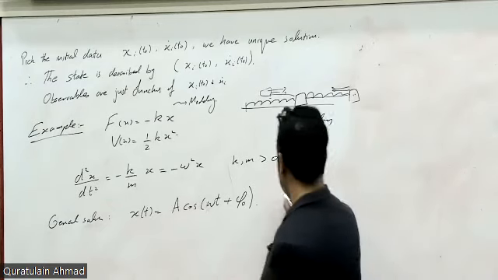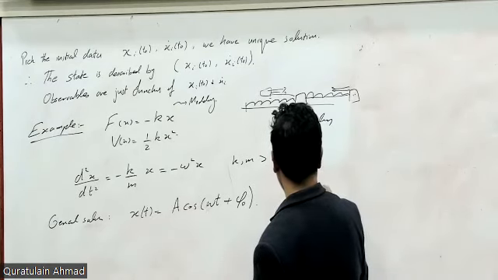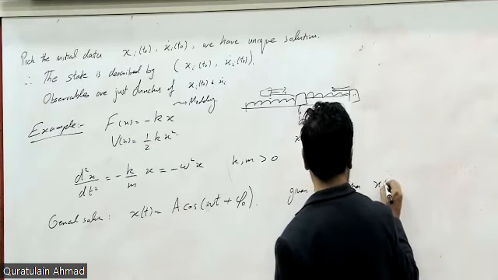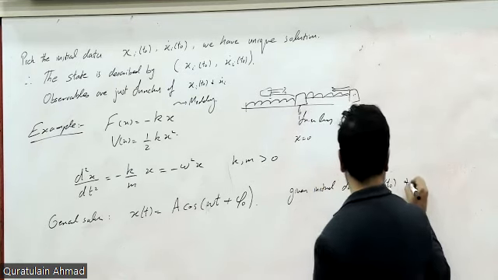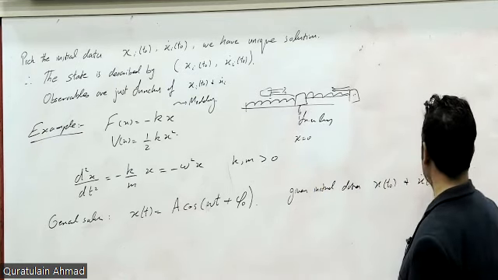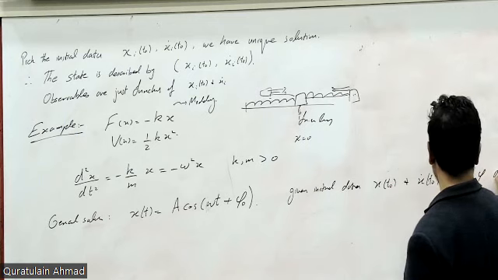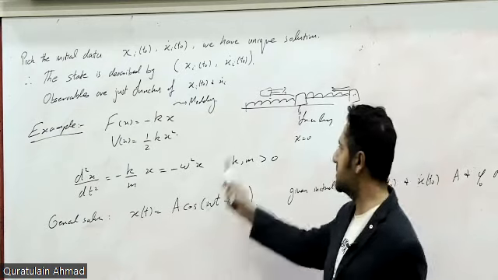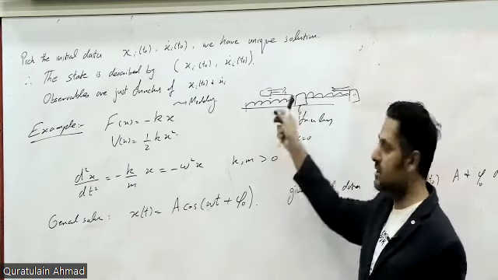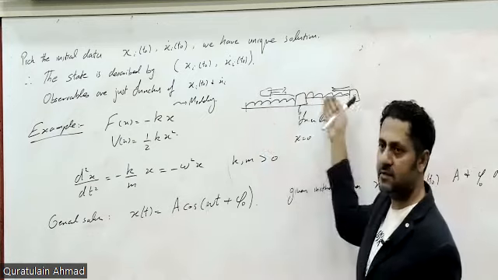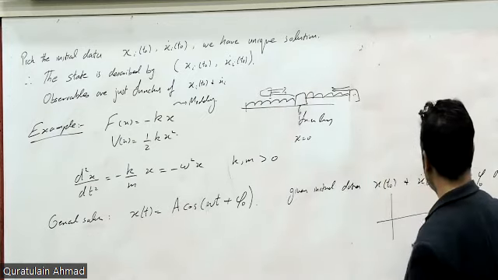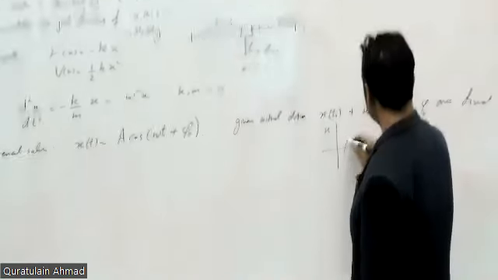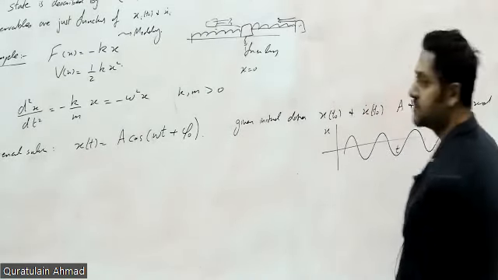There are two given initial data, x at t naught and x dot at t naught, and A and phi are fixed. And what is it describing? It's just describing harmonic motion. If I pull it, it just oscillates with a sine wave or cosine wave. So this is t, this is x. It just does this.